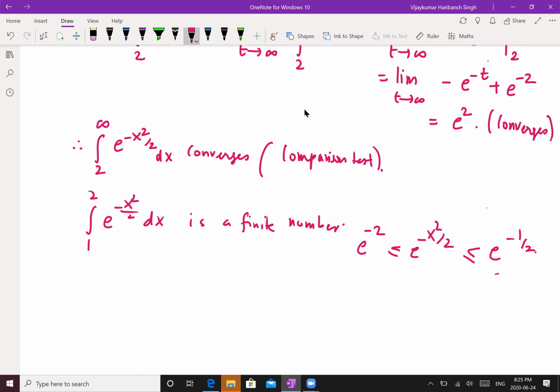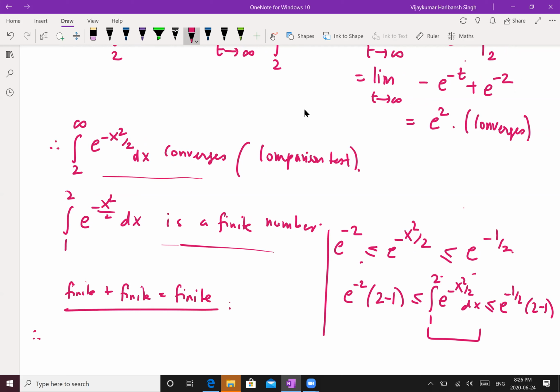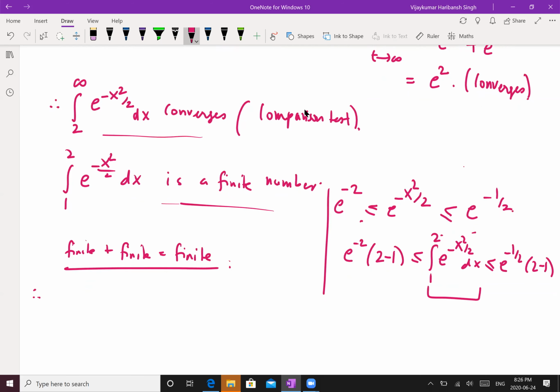So the integrand is bounded, and if you recall, we had the bounds: 2 minus 1 times the lower value is less than or equal to the integral of e to the power minus x squared by 2 dx, which is less than e to the power minus half times 2 minus 1. So this is bounded and is a finite number. This converges, and this is also finite. So finite plus finite is a finite number.